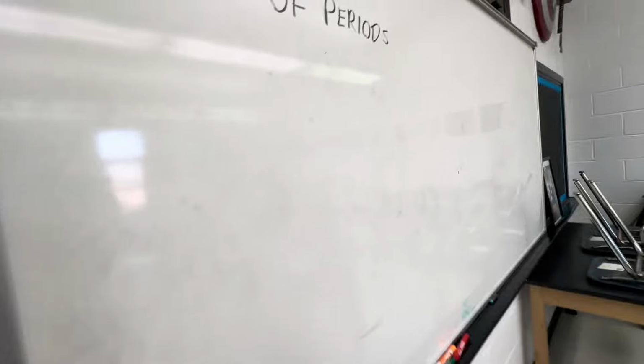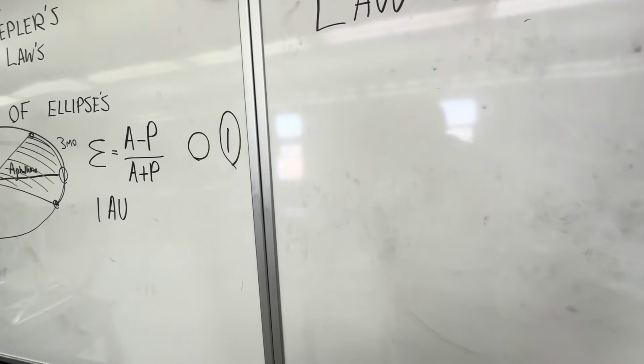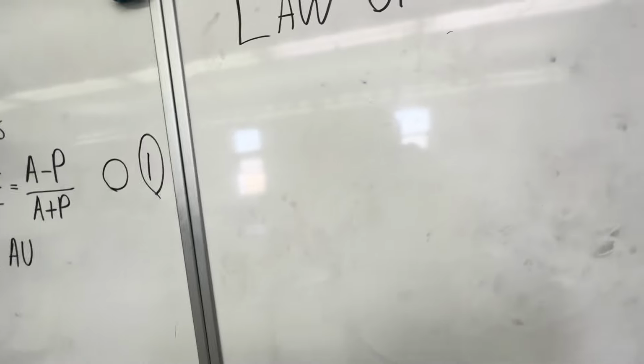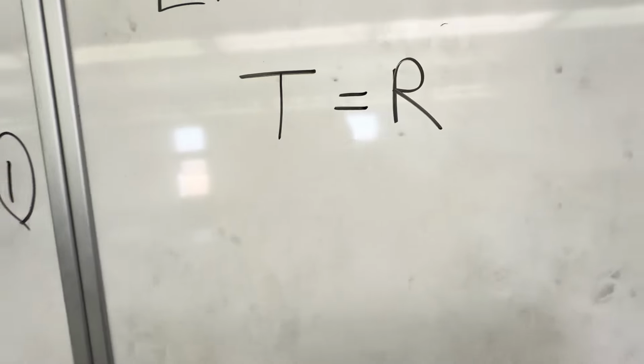What we are gonna look at is his last one. It is the law of periods. This is about time. Kind of like the law of area had a time component. What the law of periods says is there is a relationship between period, the time, we use capital T for period, and the distance of the orbit. Now they're not equal.